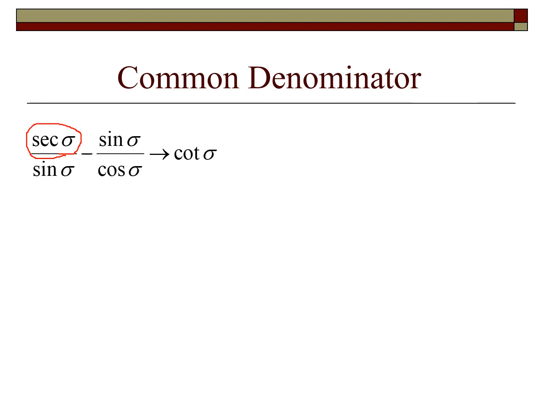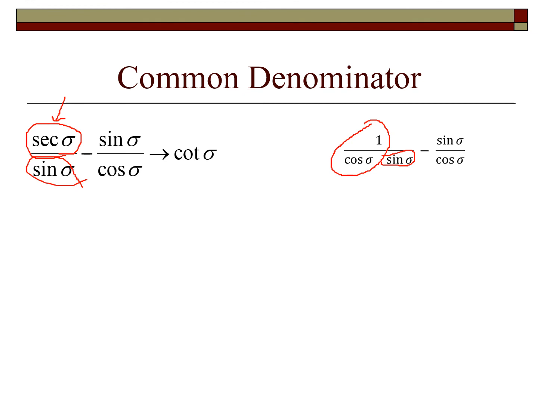In this problem, secant can be changed. Remember, secant is 1 over cosine. So there it is. 1 over cosine is the same thing as secant. And notice this sine is still here. Nothing to change there.